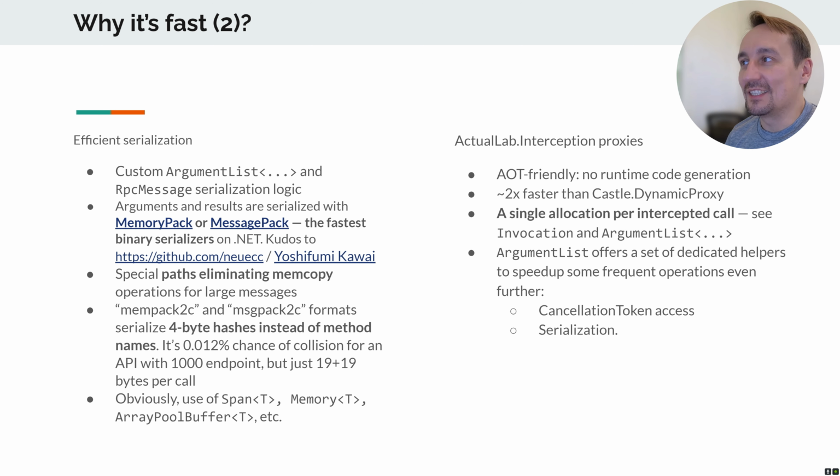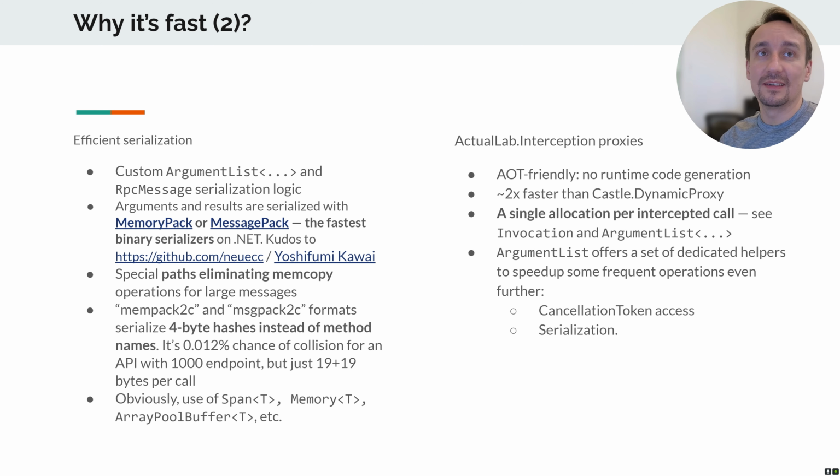Besides that, there is a fancy argument list type, which is basically a type that efficiently wraps method call arguments without boxing, or with just one allocation. If you look at how SignalR or other RPC libraries process something similar, they box every argument, and the argument list is exactly what allows skipping the boxing.